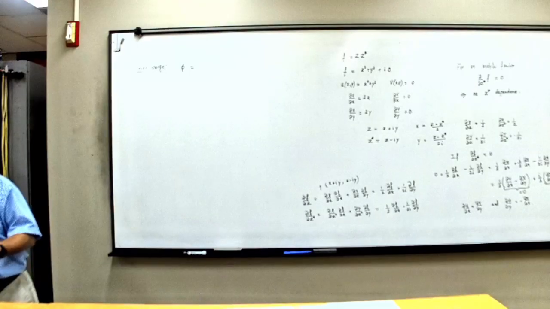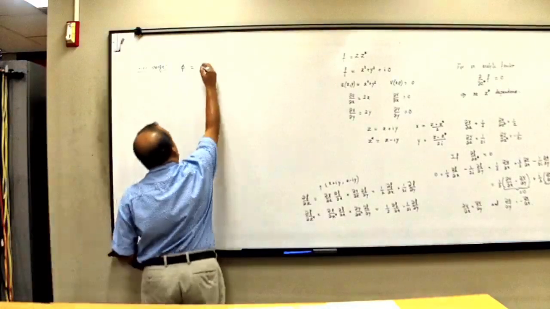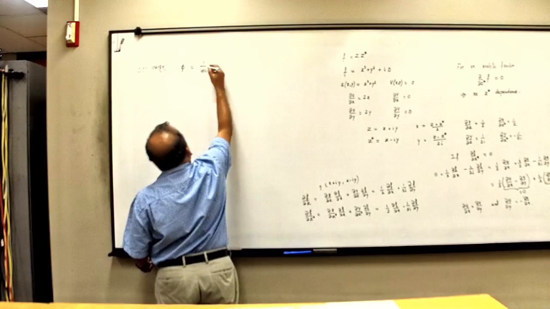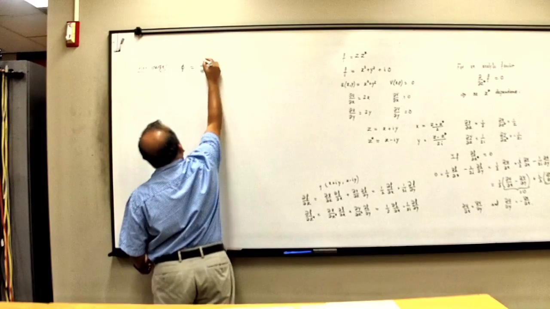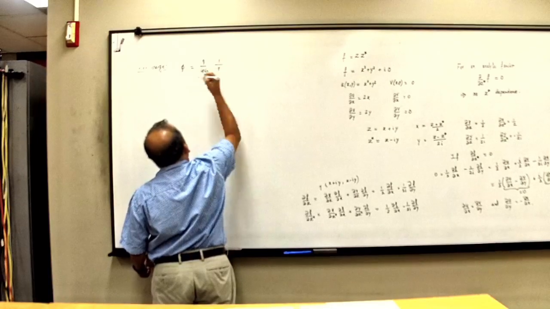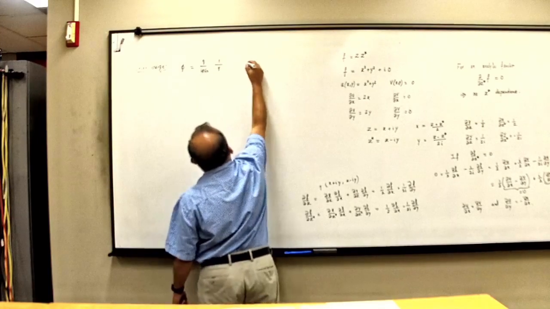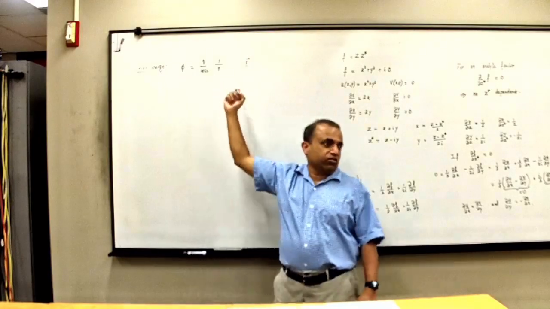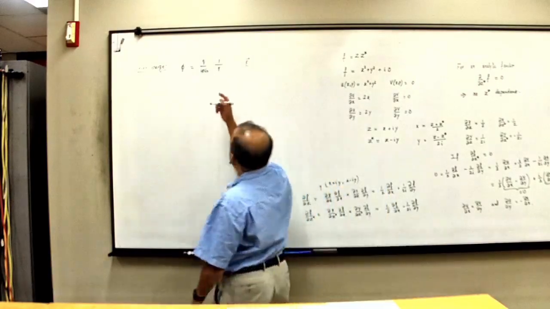Q over R, right? So you would say this is 1 over 4 pi epsilon naught, and this is Q over that, and this is 1 over R. The electric field associated with that is the negative gradient of this potential. What is that equal to?